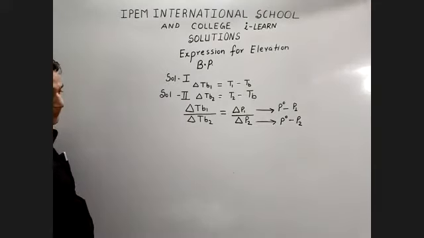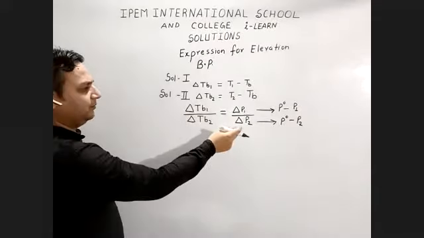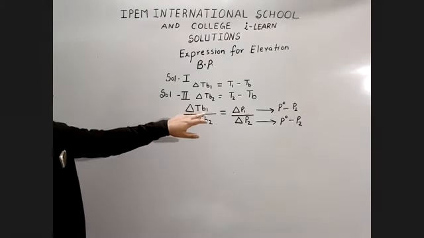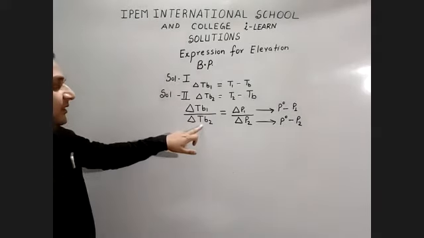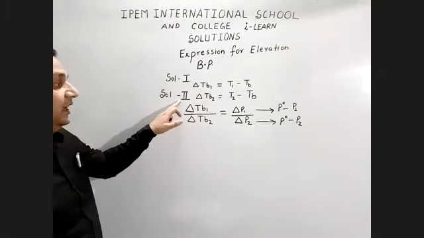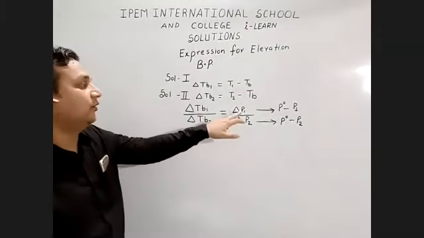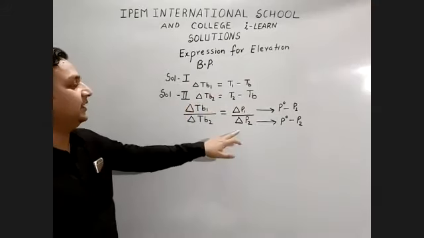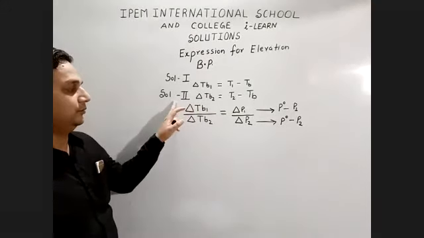From here, delta TB1 upon delta TB2 equals delta P1 upon delta P2, we got a relation. Delta TB1 is the elevation of boiling point for solution 1, and this is the elevation of boiling point for solution 2. Delta P1 is the change in vapor pressure for solution 1 and delta P2 for solution 2.